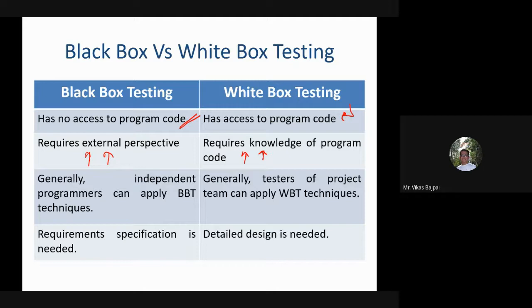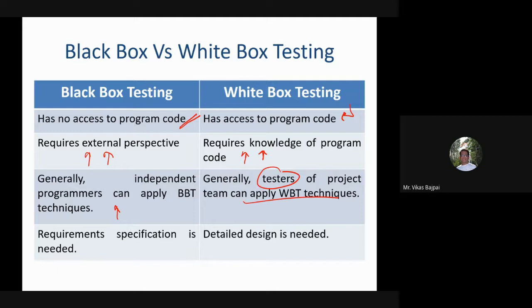In case of black box testing, generally independent programmers can apply this technique, and in case of white box testing, generally the testers of the project team can apply the technique.